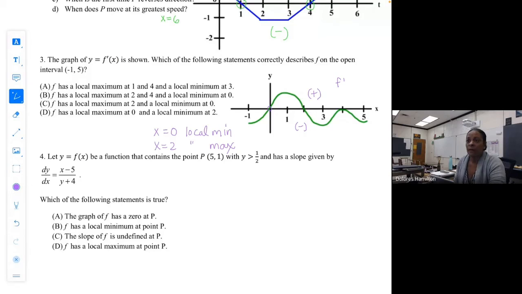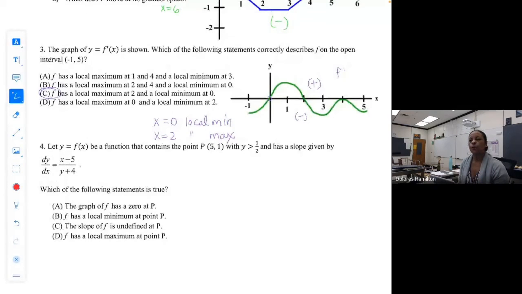And it didn't ask, but where are those inflection points? Remember, inflection points are where our derivative graph goes from increasing to decreasing or vice versa. So if I wanted to see inflection points, I would say there's definitely one at 1, at 3, and at 4. But our answer for 3 is C.